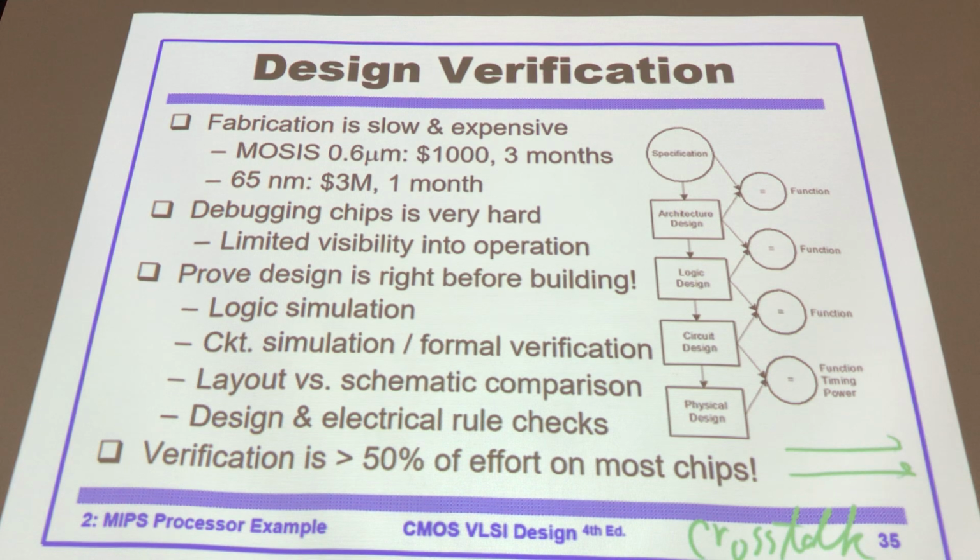In that case, try to find out the problem. But anyway, verification is more than one half of the effort on most chips. That's why we need more verification people than design people. Okay? It takes a lot of time.